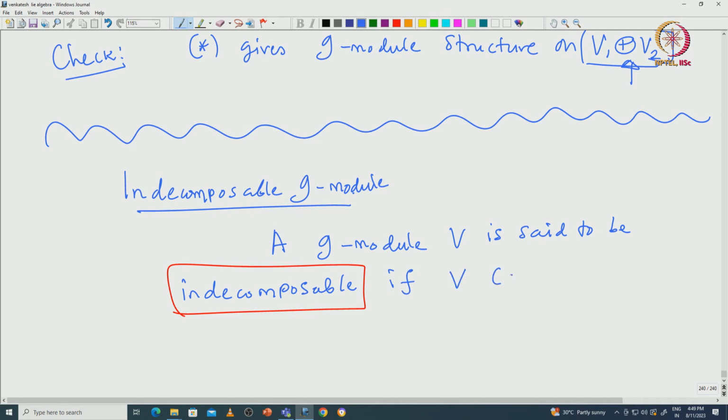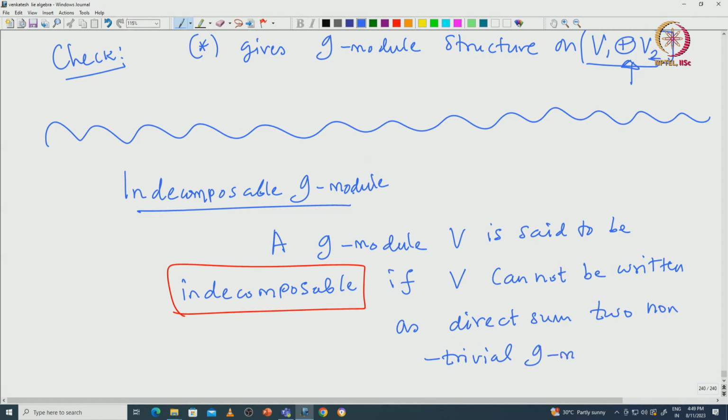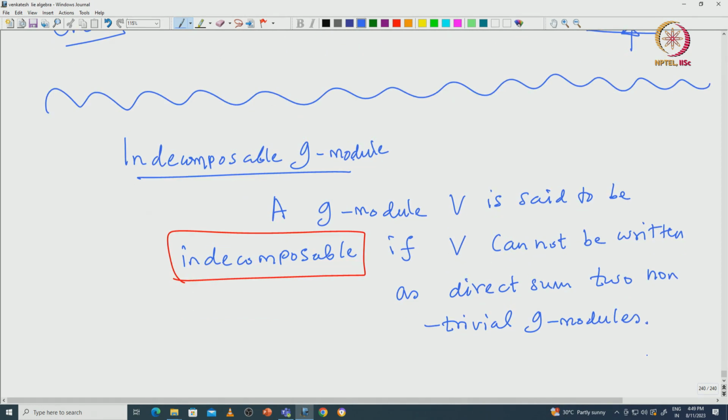if V cannot be written as a direct sum of two non-trivial, that is non-zero, G modules. Trivial G module means it is just the 0 space.